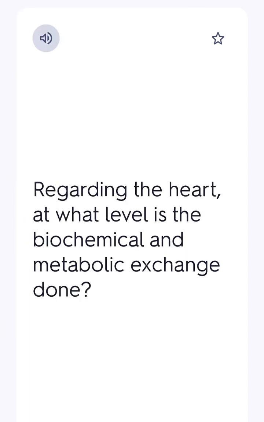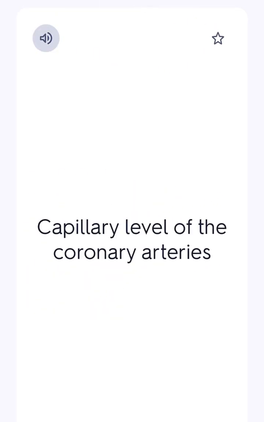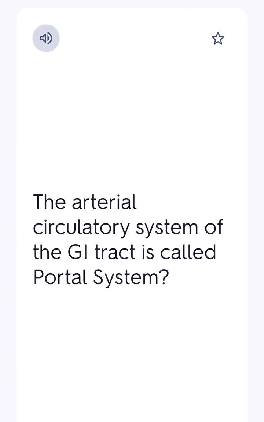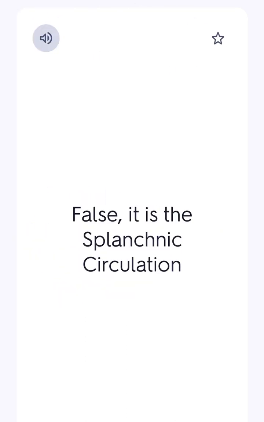Regarding the heart, at what level is the biochemical and metabolic exchange done? Capillary level of the coronary arteries. The arterial circulatory system of the GI tract is called portal system. False. It is the splanchnic circulation.